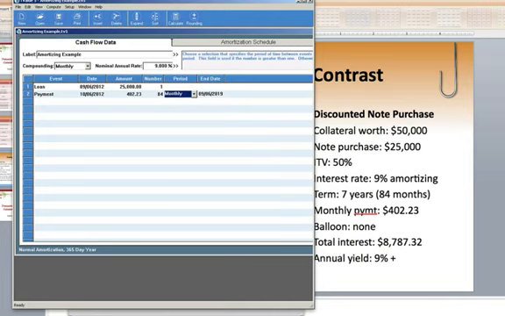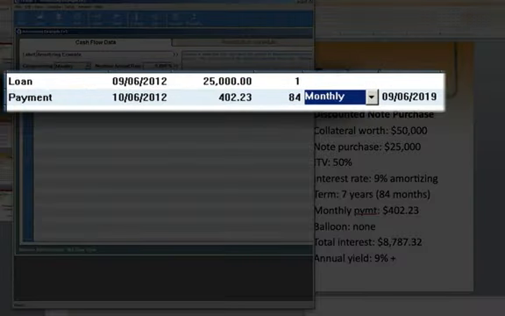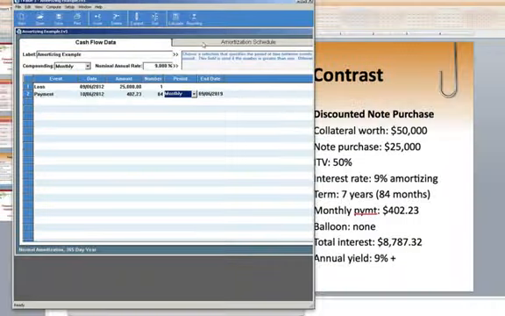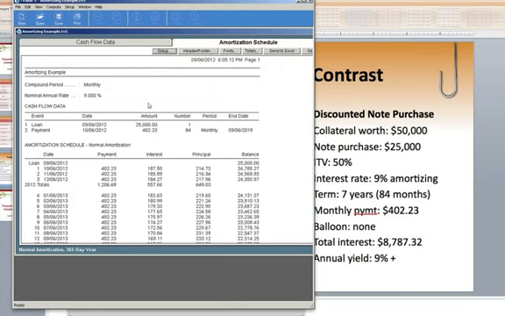So here's T-value. It's a PC-only program. What we did here is we had a loan, and I don't know if you can see this, but I can't make this bigger for some reason, 25,000, and then we have 84 payments of 402.23. If you click over here to the amortization schedule, here's the payments that were made, here's all the interest, here's all the principal, and here's the balance of the note.